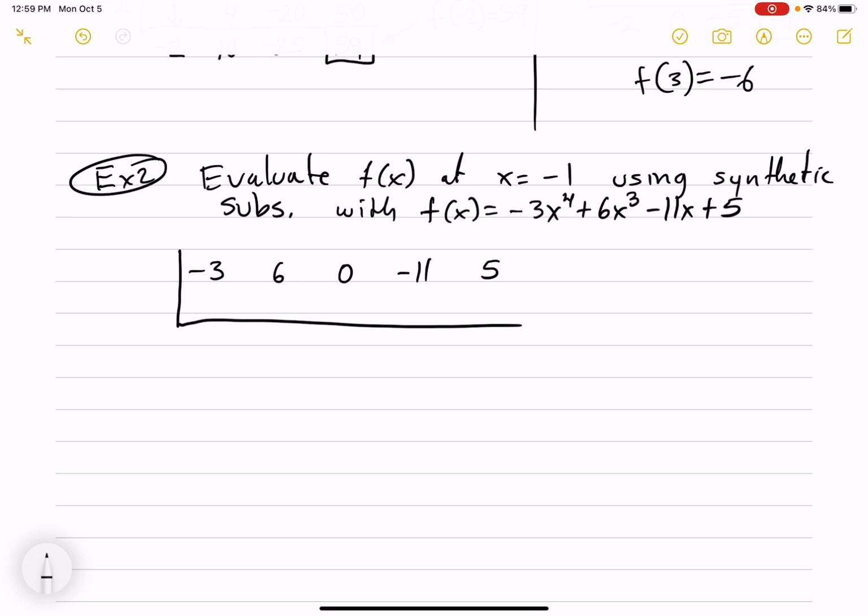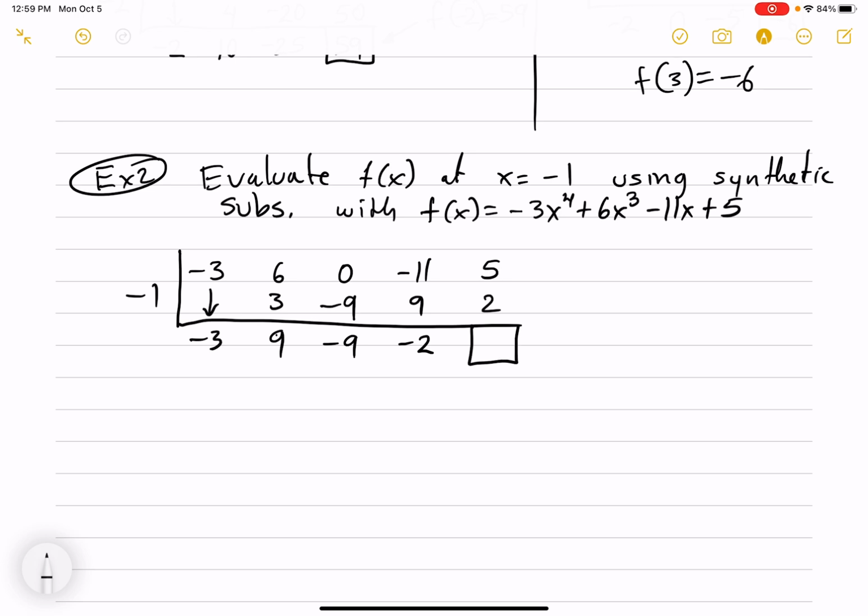Since we're going to substitute, or we're going to try to figure out what f of x gives us when x equals -1, put a -1 here. -3 times -1 makes a total of 3. Remember, we add this way, so that's 9. -9 plus 0 makes -9. Negative times a negative is positive. This is -2, and this is 2.